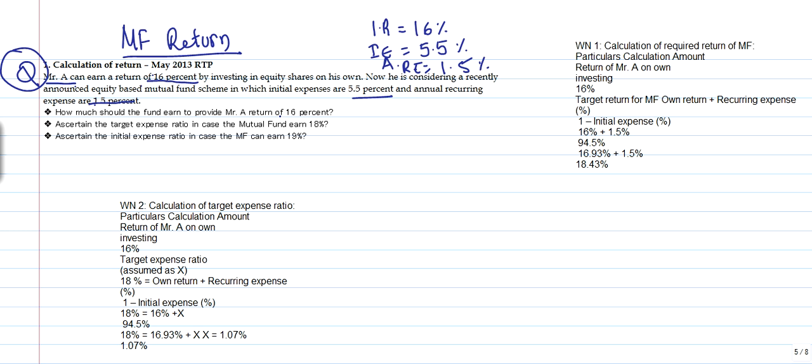See here, you have option 1, equity investment. You will get 16% in your pocket directly.